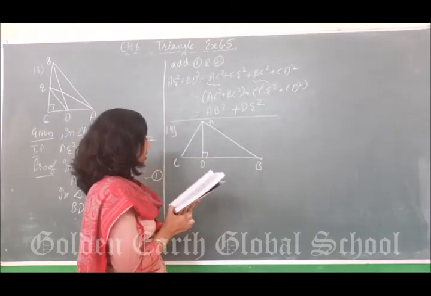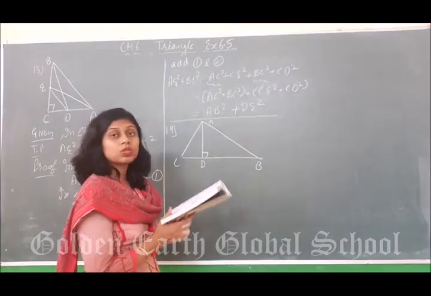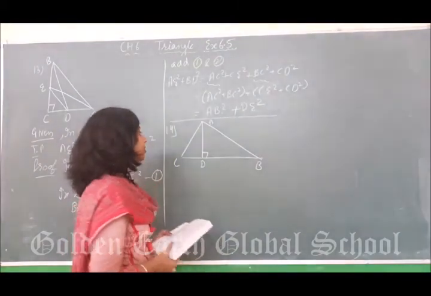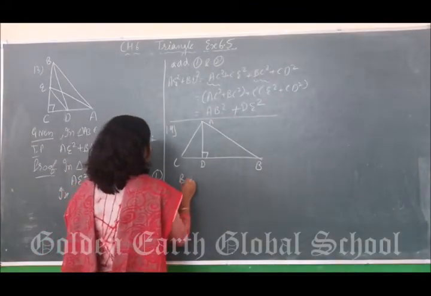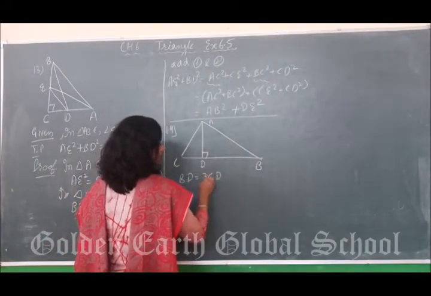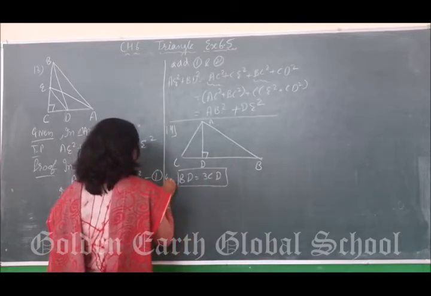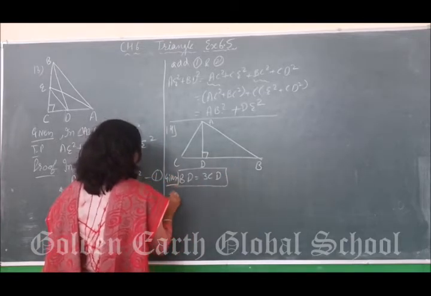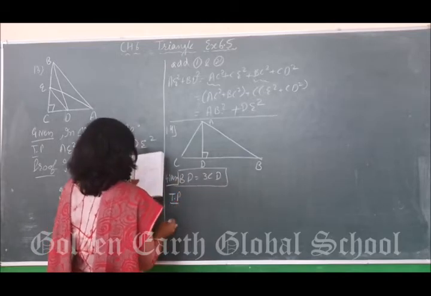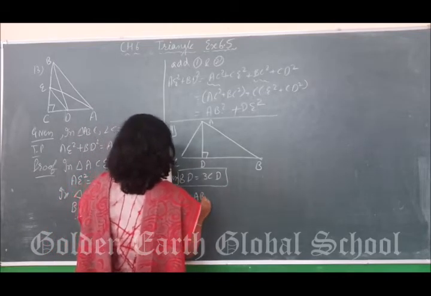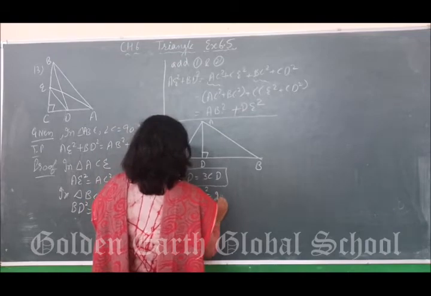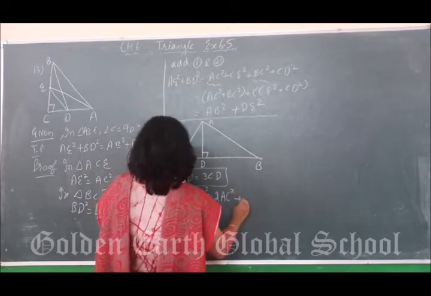And one result is given: BD is equals to 3 times CD. This is given. To prove 2AB square equals 2AC square plus BC square.